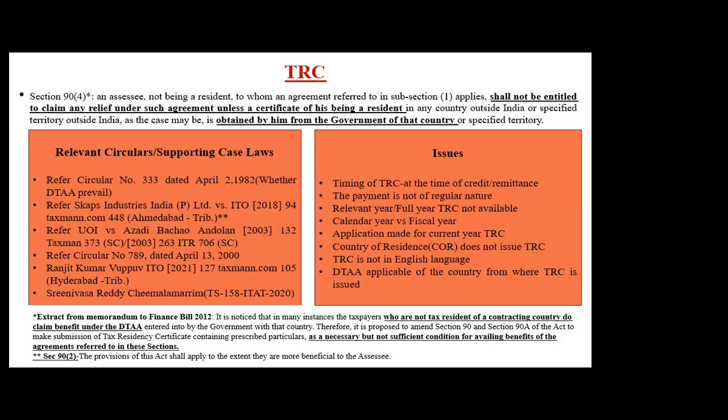Now, the other view which the AO might take, I am not sure about it, is that the payment was done in the next year. So should we have TRC for the next year, because the remittance flowed in the next year? There is a specific question in Form 15CB whether TRC was available.